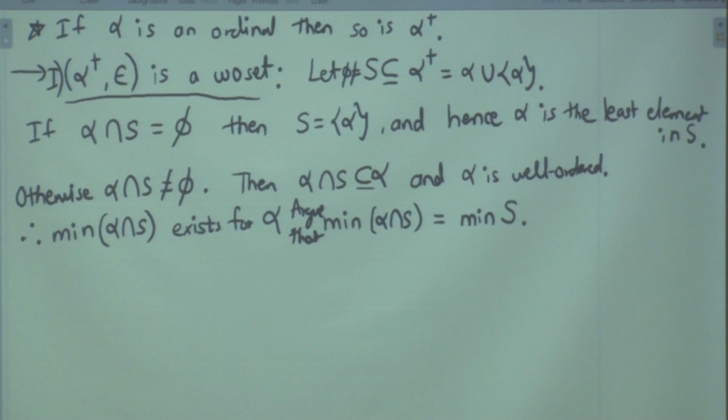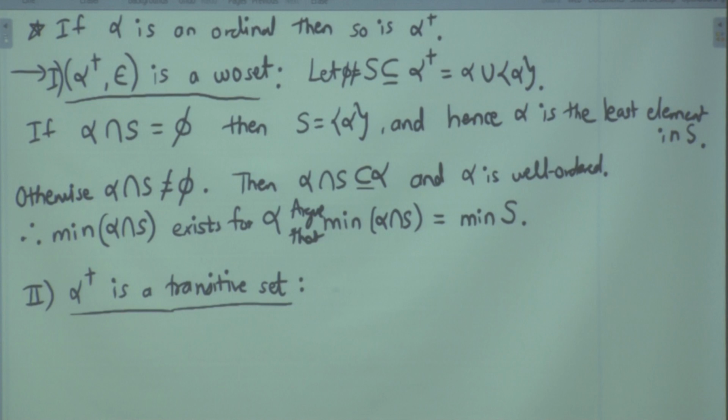It was easy. The second property that we need to prove is that alpha plus is a transitive set. So suppose beta is an element of alpha plus. Then what can be the options for beta?